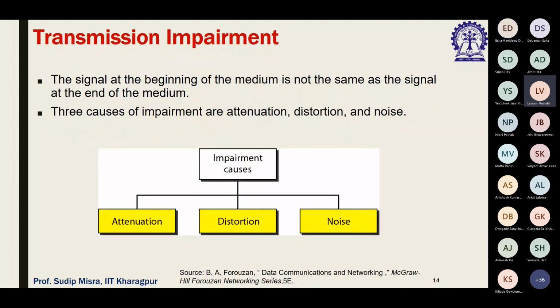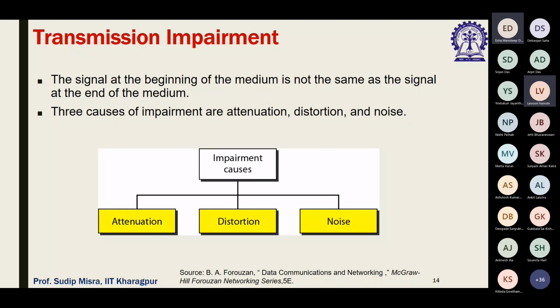So now let us switch our gears once more. Let us go back to what I was telling you, that the signal, when it passes through the medium, does not remain the same. It gets affected by the medium.